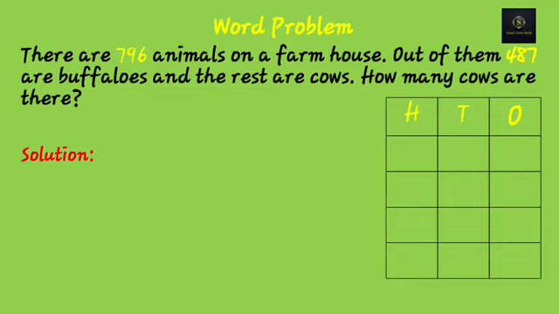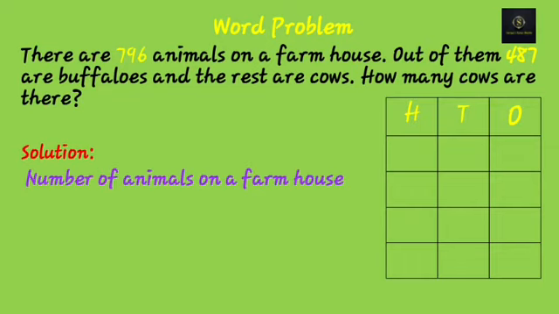But what is 796? 796 is number of animals on a farmhouse. So, what will be the first statement? First statement will be number of animals on a farmhouse. After writing statement, what we have to write?